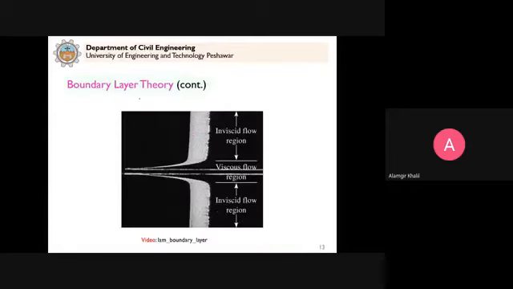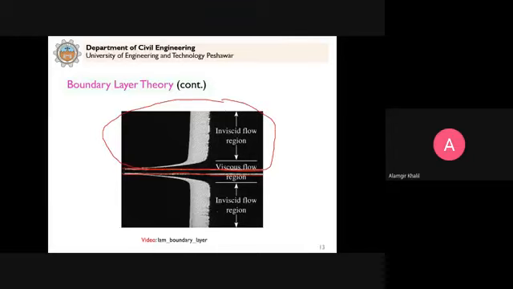So to continue with this boundary layer theory, you can see that this is a flat plate, the same plate that we show here, and you can see the boundary layer develops on both sides. Mostly we only show this top portion in the problems or in the theory that we explain.